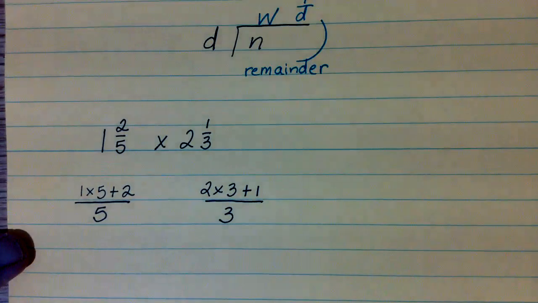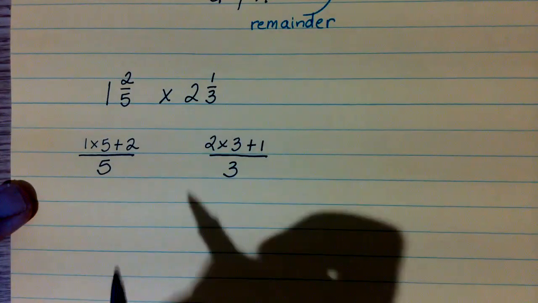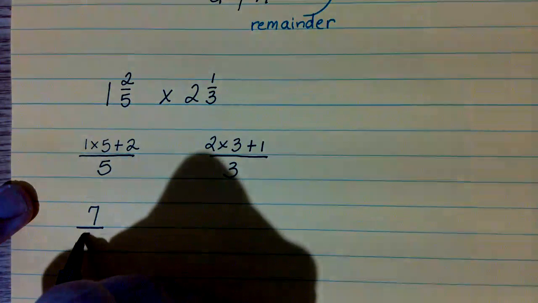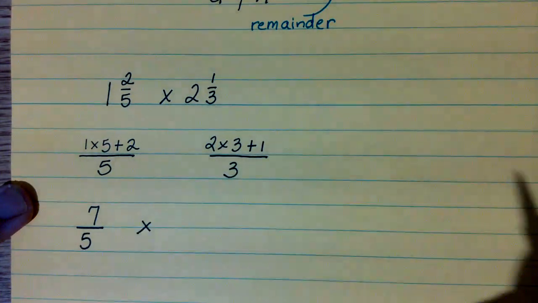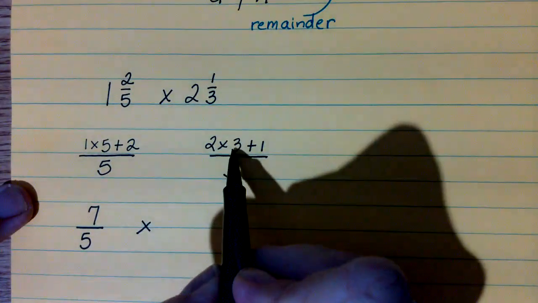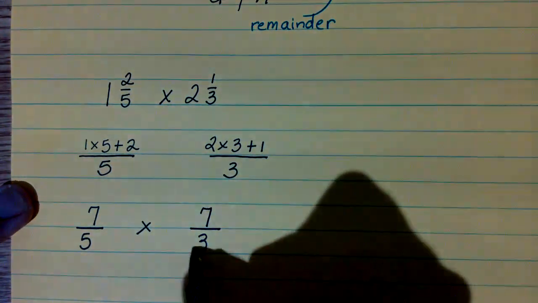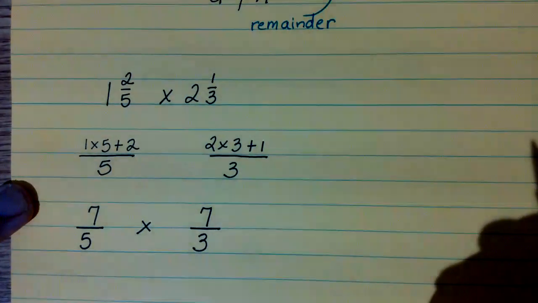So for this specific situation, 1 times 5 is 5, plus 2 is 7. I end up with 7/5 times 2 times 3 is 6, plus 1 is 7, 7/3. 7/5 times 7/3.